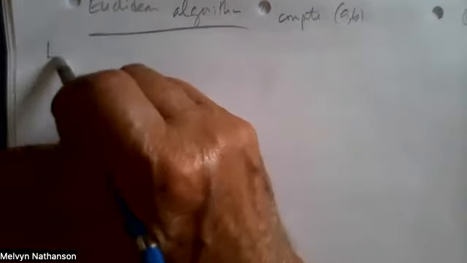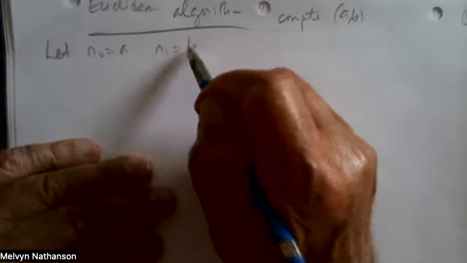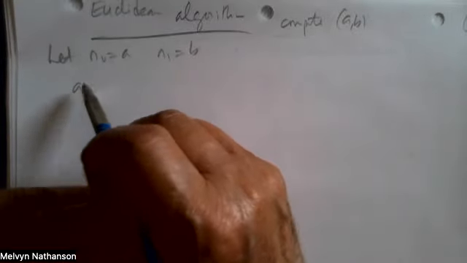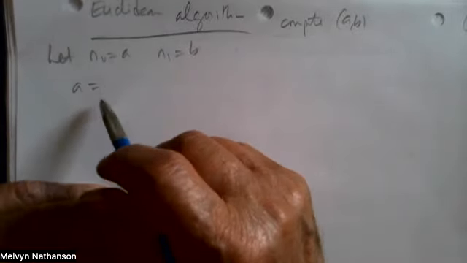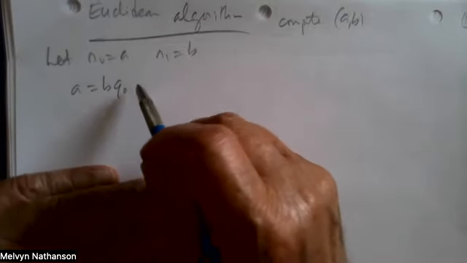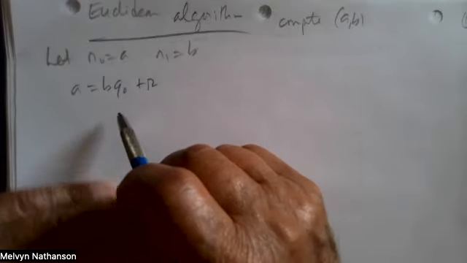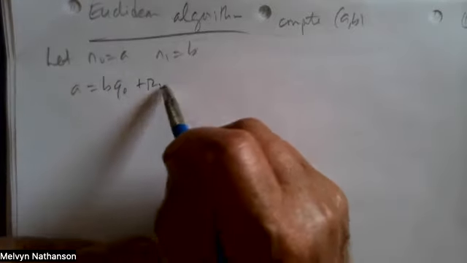So let me just start by calling, let R0 be a and R1 be b. So my first step is to take a and divide it by b. I get a quotient Q0 and a remainder, which I'll call R2.